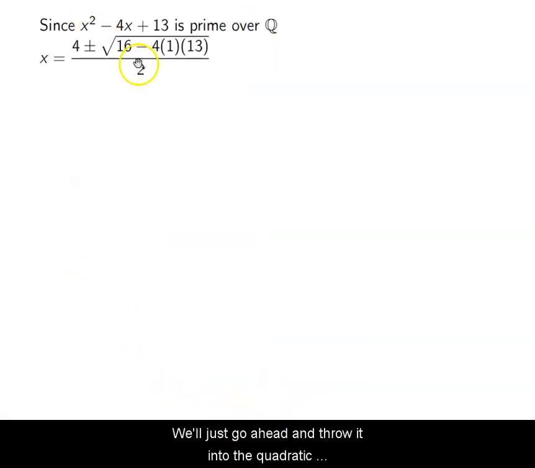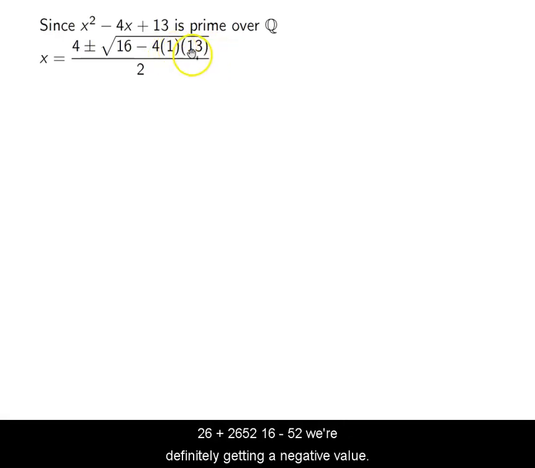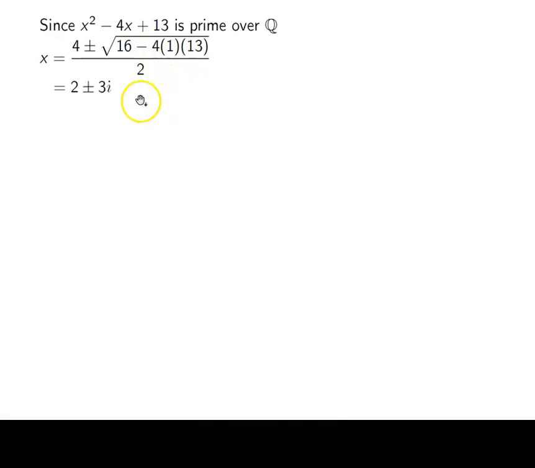We'll just go ahead and throw it into the quadratic formula, right? So negative b plus or minus the square root of b squared minus 4ac over 2a. So you're going to get 16 minus some very large number. Okay, basically 4 times 13 is 52. So 16 minus 52, we're definitely getting a negative value.